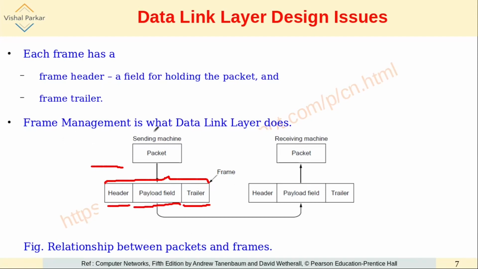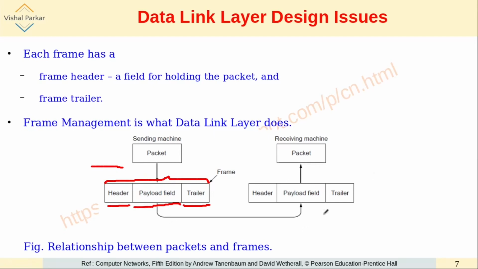Now at the sending machine, the packet will be converted in this particular way into a frame. That frame will be sent to the destination machine with the help of the physical layer.